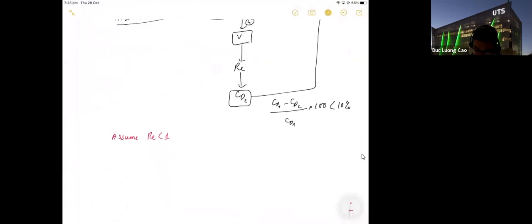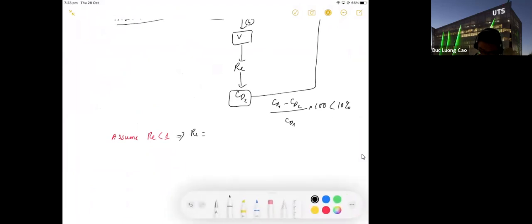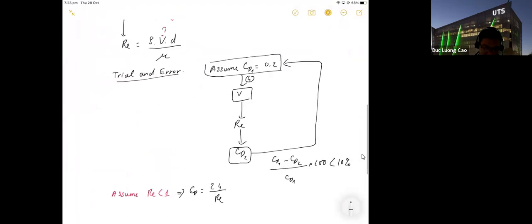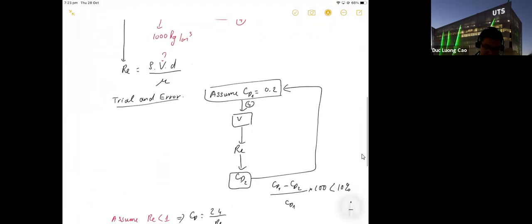So I will have CD equal to 24 divided by the Reynolds number. I apply this to equation 4.